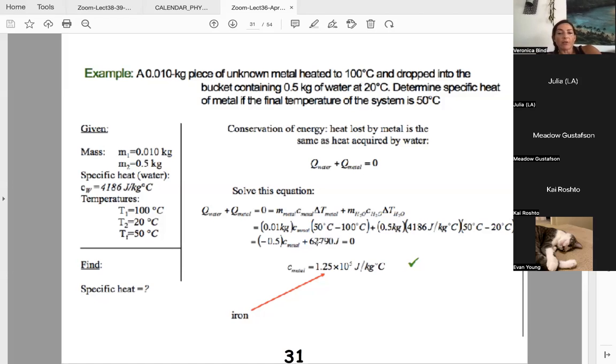So we had 50 C minus 100 C, which indeed brings you something which is negative, because indeed we want this Q to be negative, right? So it makes sense.